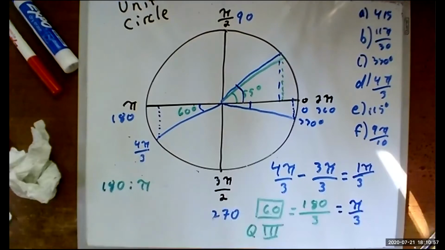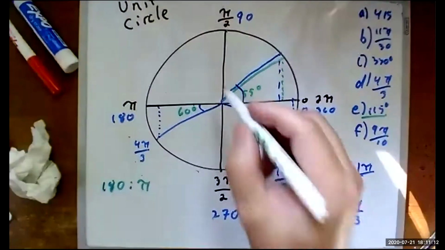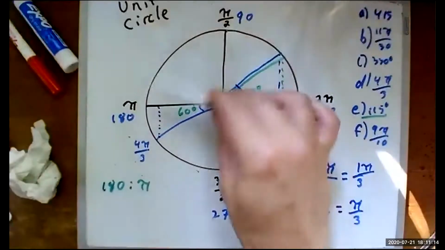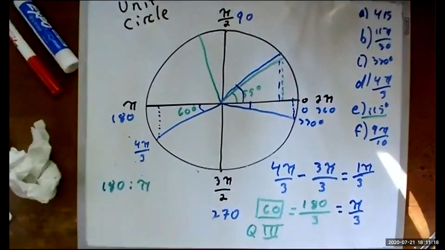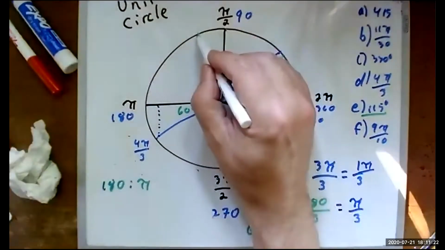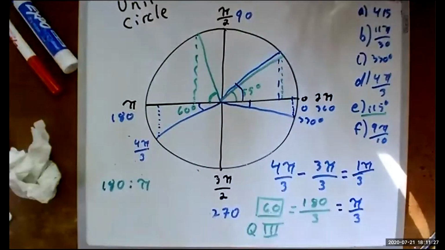So I'm going to do one more. I'm just going to do the 115 degrees just so that you can see quadrant 2 for a second, and then I'm leaving 9 pi over 10 for all of you to practice on your own without having been given the answers. If there are still questions about it on Thursday, I'll go over that one again. So here we are at 115 degrees. 115 degrees is bigger than 90 but less than 180, so it's somewhere in here. Our closest x-axis is in here, so we actually want that part.